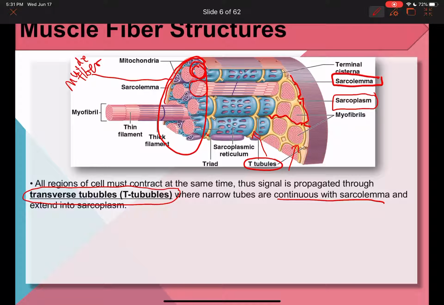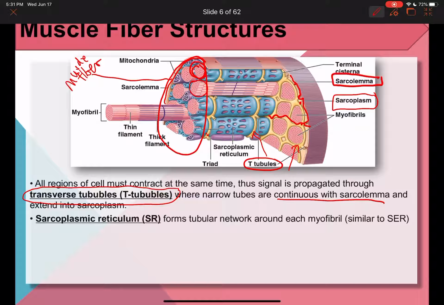So the sarcoplasmic reticulum. It sounds like endoplasmic reticulum, but don't confuse it with that. They have very different functions. The sarcoplasmic reticulum is what forms that tubular network around each myofibril in this blue area right here. All of these blue coral looking, or meshy looking things, it's like a wrapping that goes around each myofibril, and its job is not the electronic part, because that's the T-tubule's job.